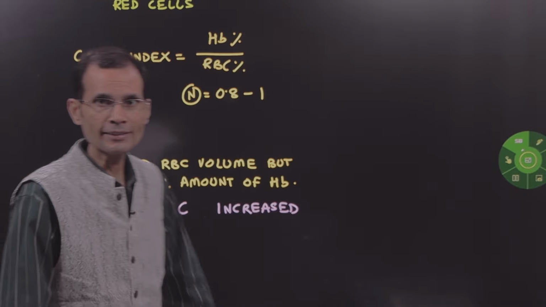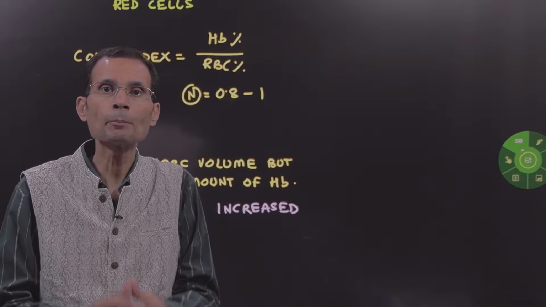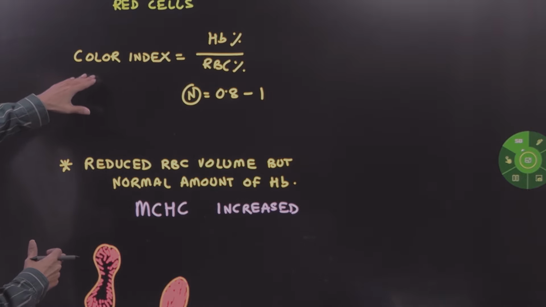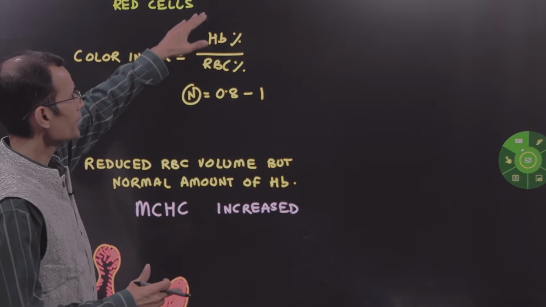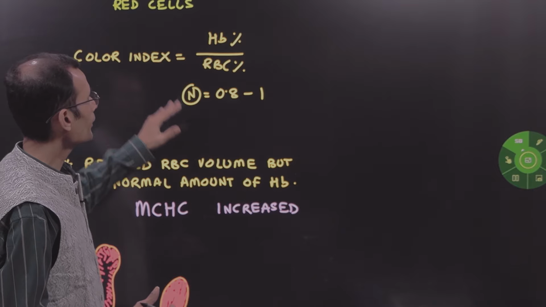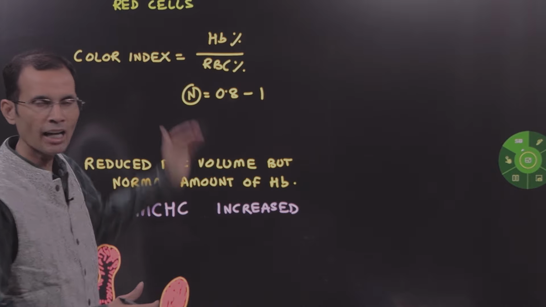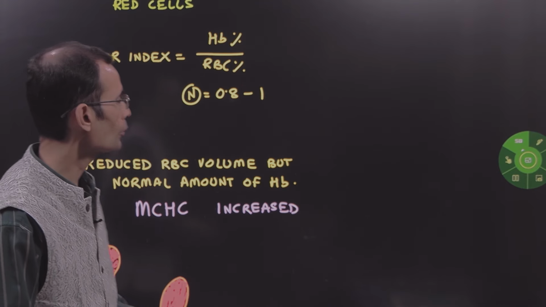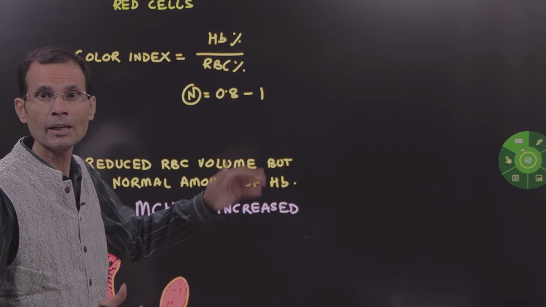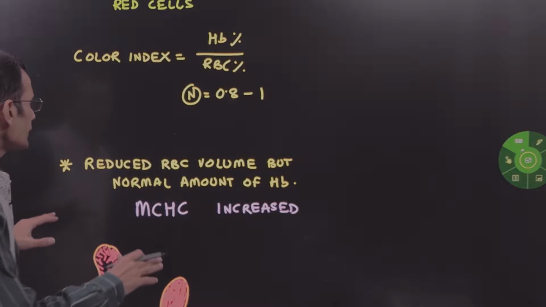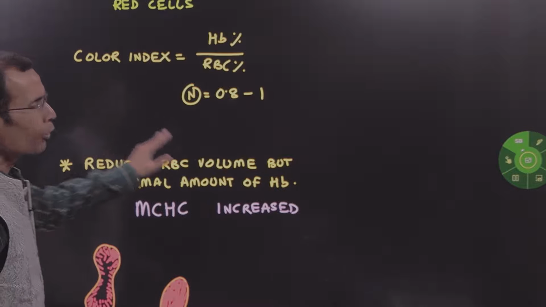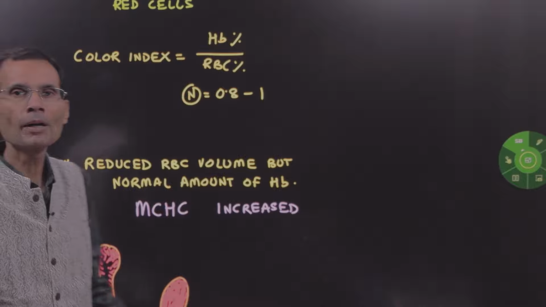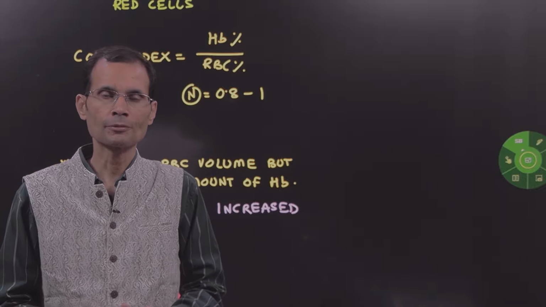Now, we are saying that there are hyperchromic red cells, which means what? We already discussed the color index. It is Hb percent upon RBC percent, and if it is more than 1, that means relatively the RBC count is less but the hemoglobin level is normal. RBC volume is reduced, but there is normal hemoglobin formation.